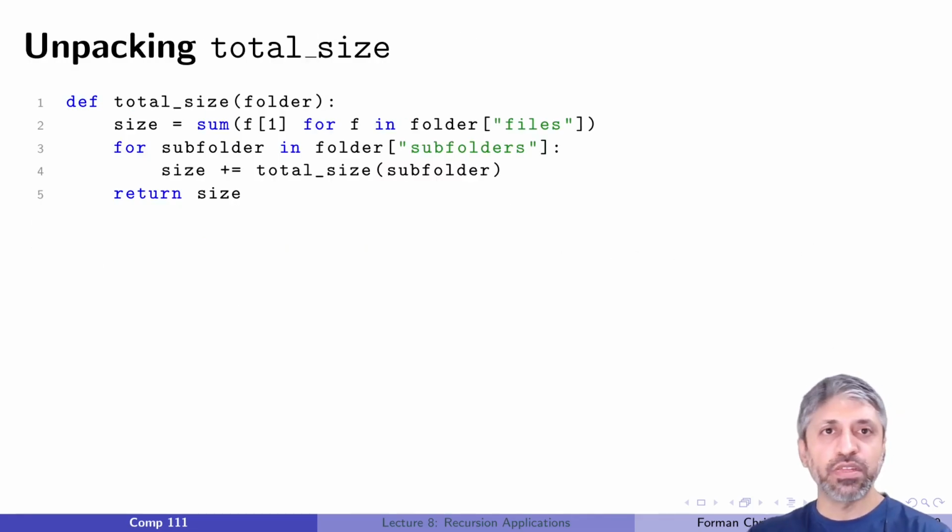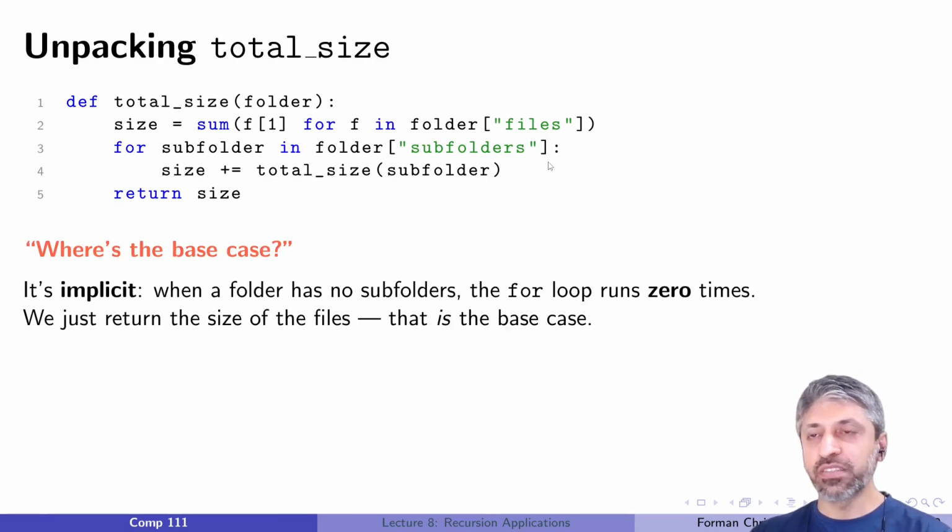All right, so now there are two questions students ask about this code. First, where's the base case in this recursive call? It's actually implicit here. When a folder has no subfolders, the for loop on line 18 simply runs 0 times. In this case, since we have isolated the code, the lines are a little bit off.